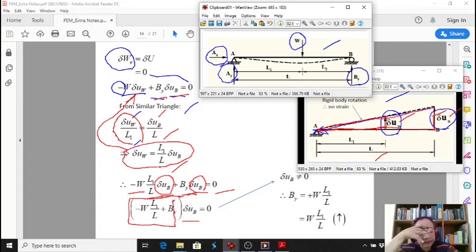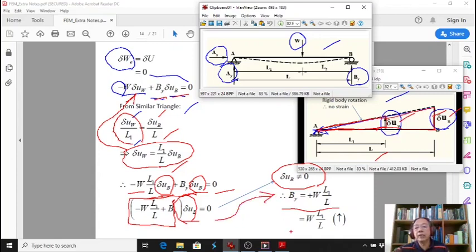So finally, because virtual UP is non-zero, we found that BY equal to plus WL1 per L. So this comes from here.